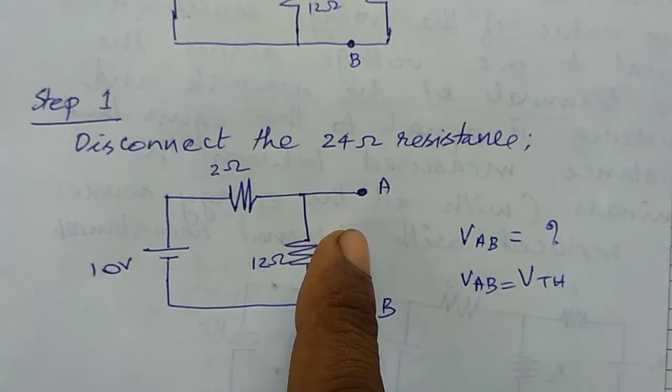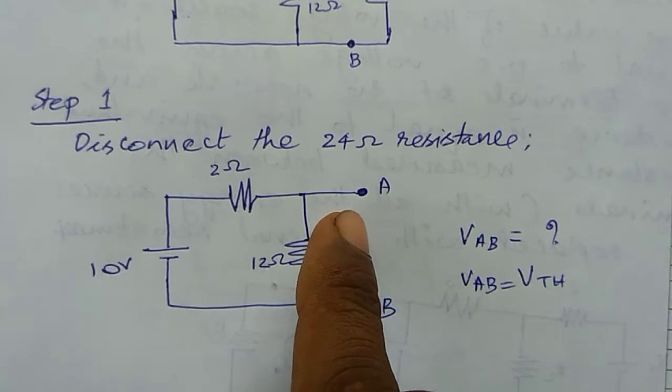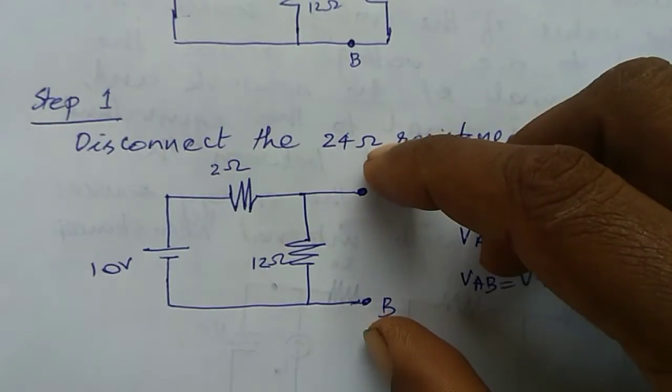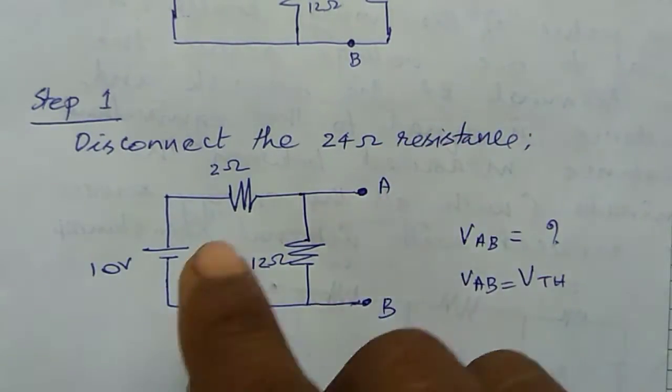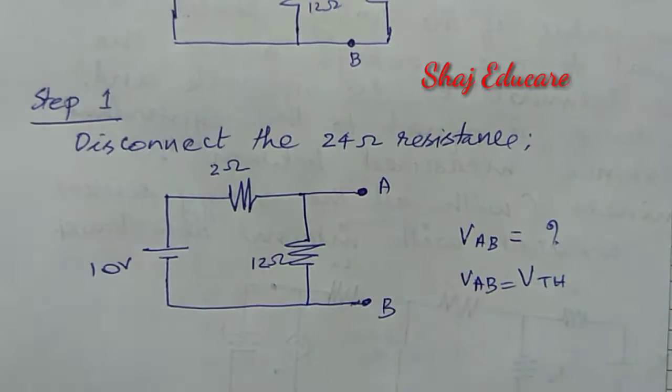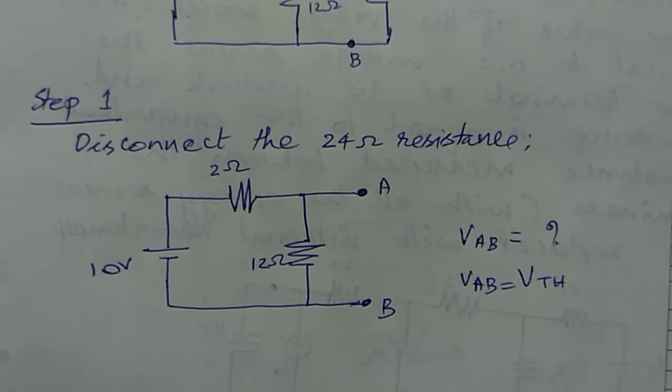Now how can we find VAB? By any means we can find the voltage across here, but the easiest way is to use the voltage division rule.